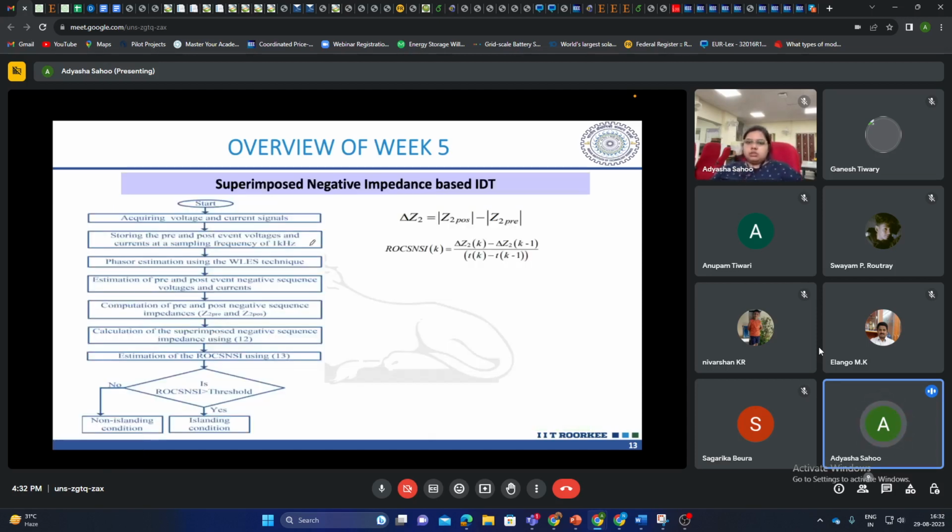Next, we also saw superimposed negative impedance based islanding detection techniques. So we'll see this in detail. Basically, first you can see here we will acquire the voltage and current signal as we had seen in the previous week. So we'll receive the samples at the sampling frequency.